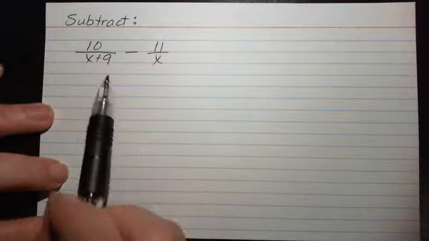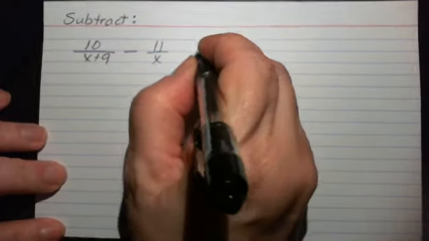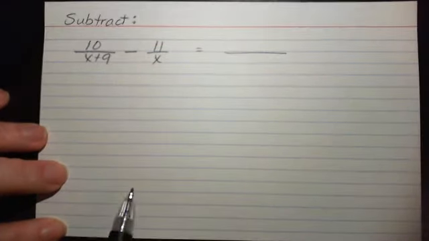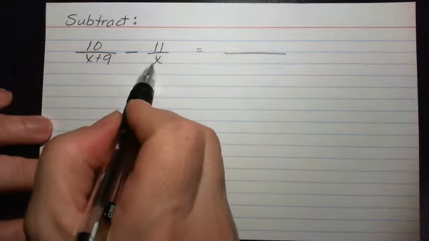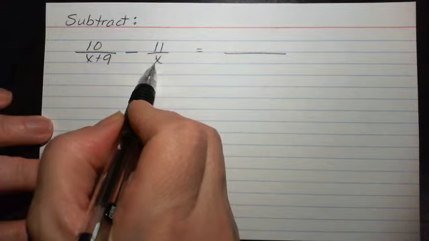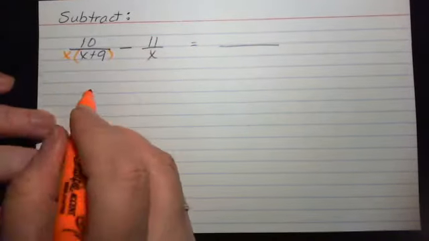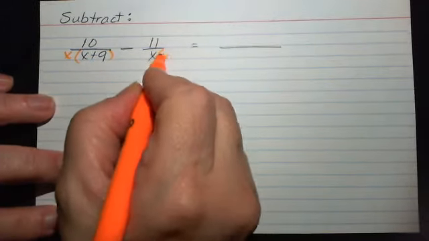So if we think of them in terms of what we need for a common denominator, well, this one has an x factor that this one needs. So this one needs a factor of x. This one only has the x and does not have the x plus 9.